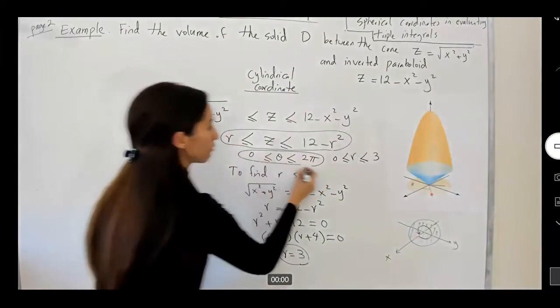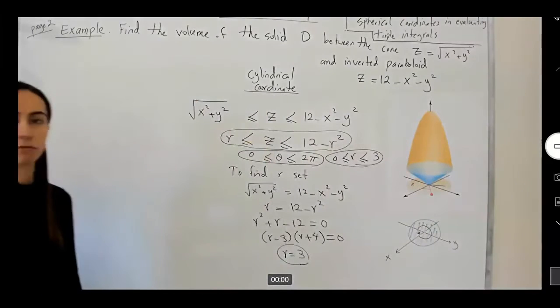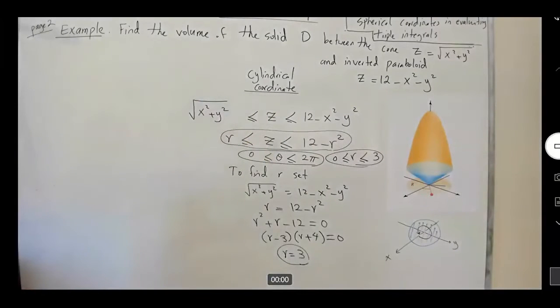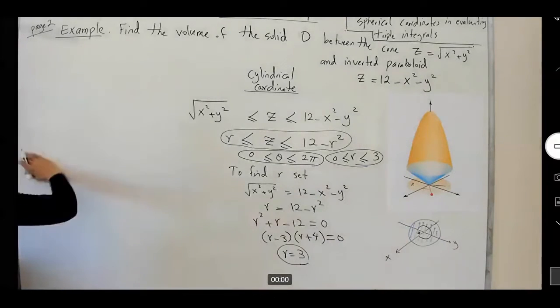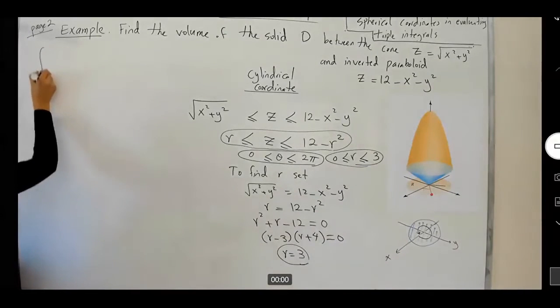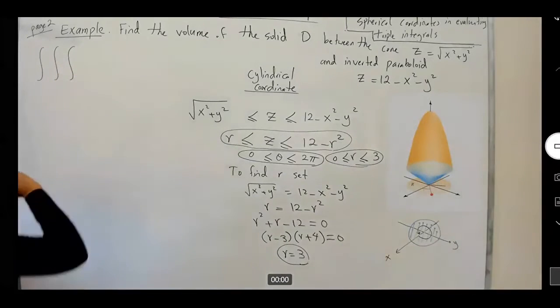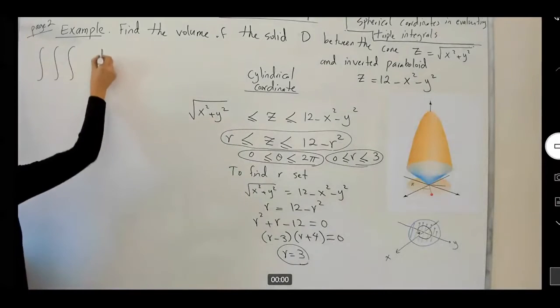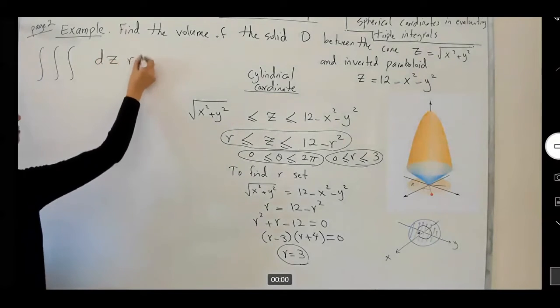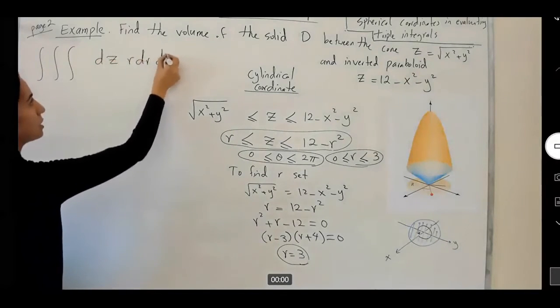We have all the information that we need. We need to set up our triple integrals. There you go. So you get the triple integral of dV. dV is dz r dr d theta.